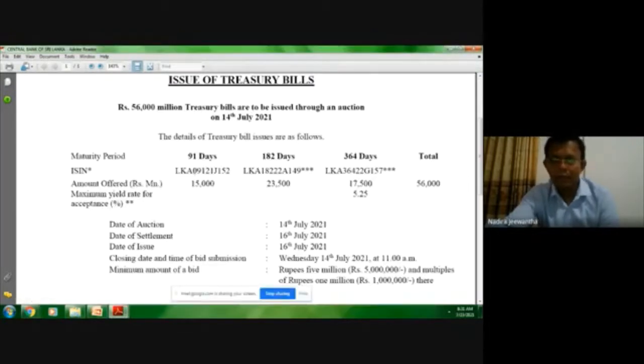Right here the 091 means the tenor of the particular bill. Here 91 days, here 182 days, here 364 days.